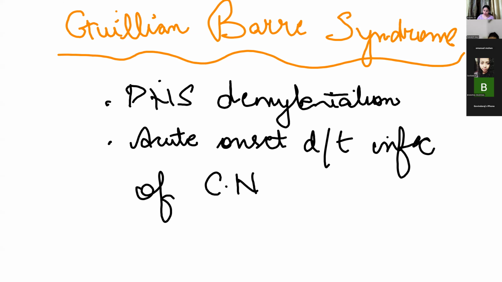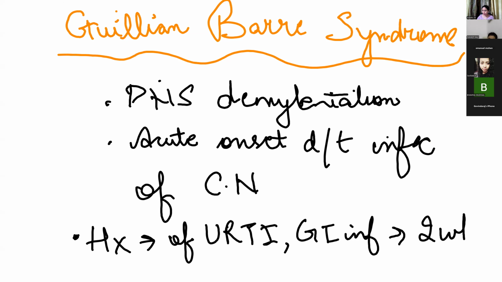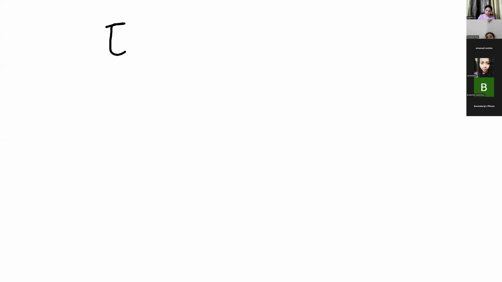In Guillain-Barré syndrome, you will find in the patient history an upper respiratory tract infection or GI infection, more than 2 weeks earlier. So the causative agent is Epstein-Barr virus.